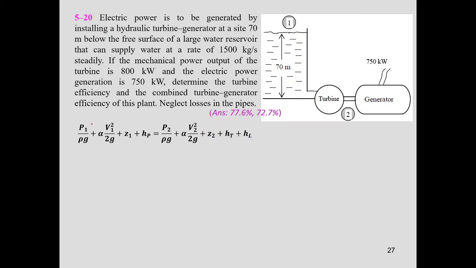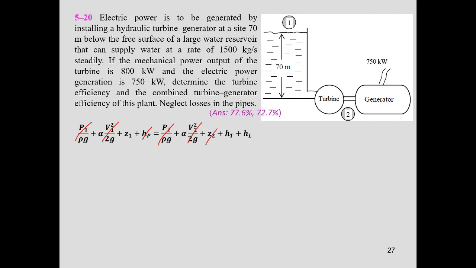Okay, using the same equation, you know that the first point is at the upper reservoir, the second point at the lower reservoir. It is open to the atmosphere. P1 and P2 can be cancelled. The surface is too large, so you can cancel the effect of kinetic energy, or V. And then Z1 is 70, there is no pump, you can cancel HP.